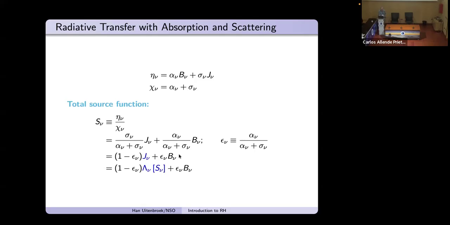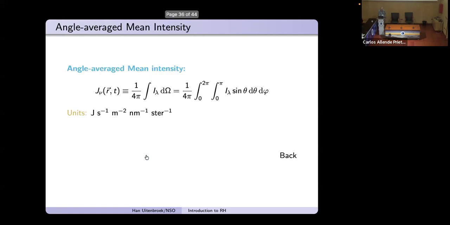And as we will see, this causes the problem of finding a solution. You see that in this case, the source function depends on the angle-averaged mean intensity, which is defined as just the angle integration over the line profile of the intensity I.